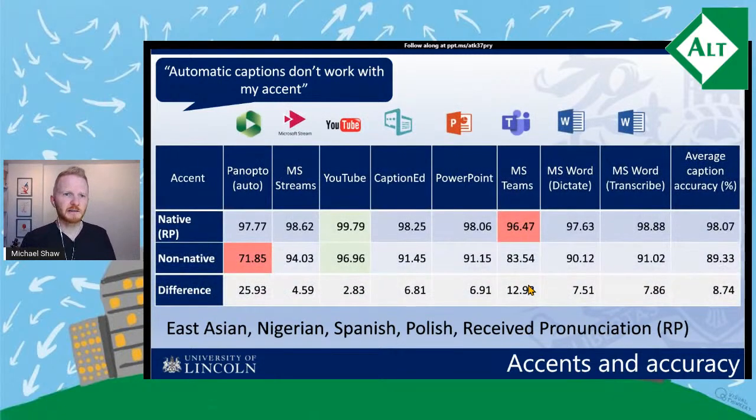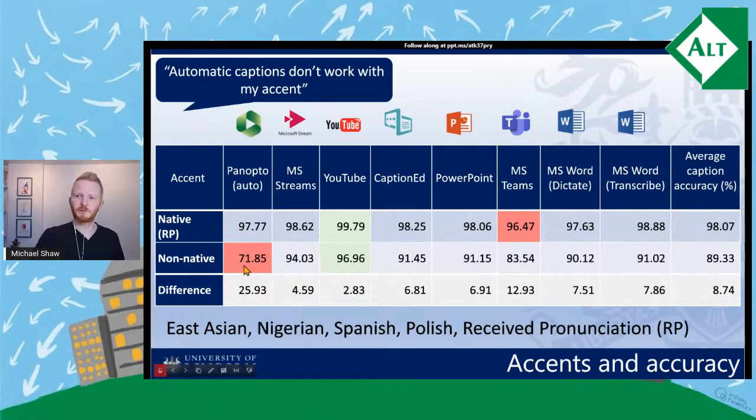And looking at this data, we can see that on average, across all the technologies, there is an 8.7 percentage difference in auto-caption accuracy between native English accents and non-native speakers.